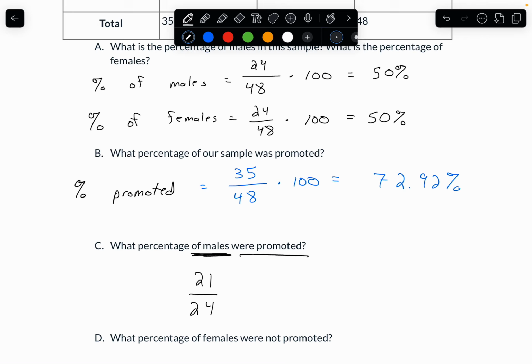I'm actually going to do this problem a little bit differently just to show how I can convert this to a decimal. Let's say I didn't multiply it by 100. I would get the decimal form of a percentage, which is 0.875 in this scenario. A lot of times we prefer to use the decimal form of the percentage, as we'll see in a few examples in future videos.